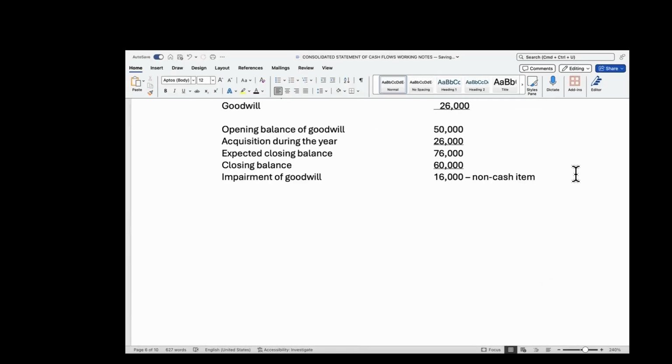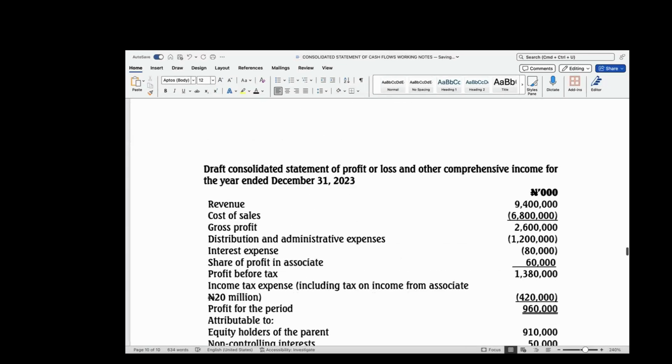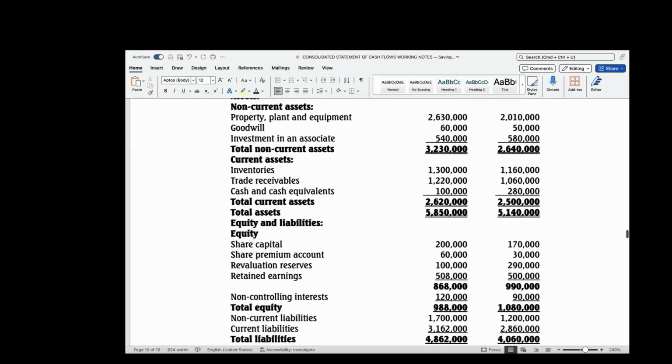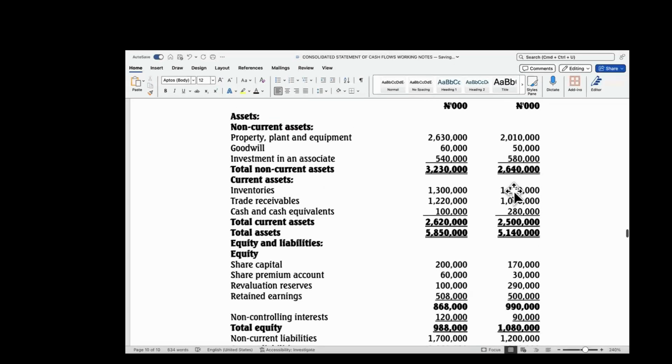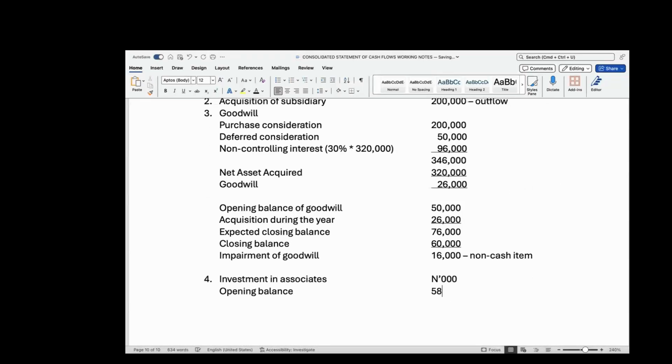That's note 4. Investment in associates. I think the opening balance was 540. 580. Opening balance 580. Then share of associate profits.